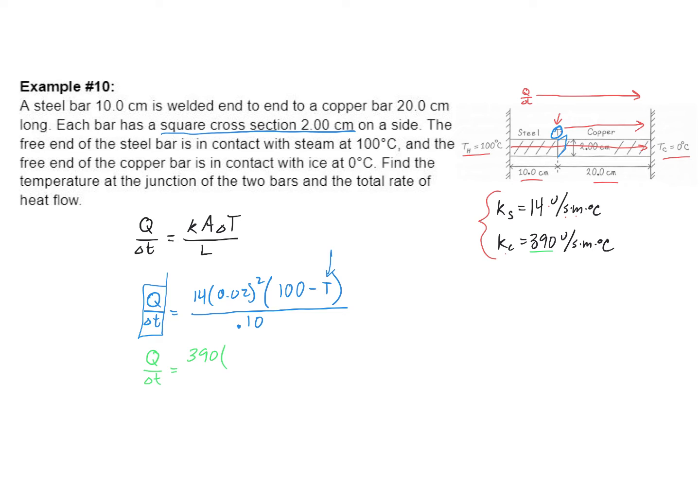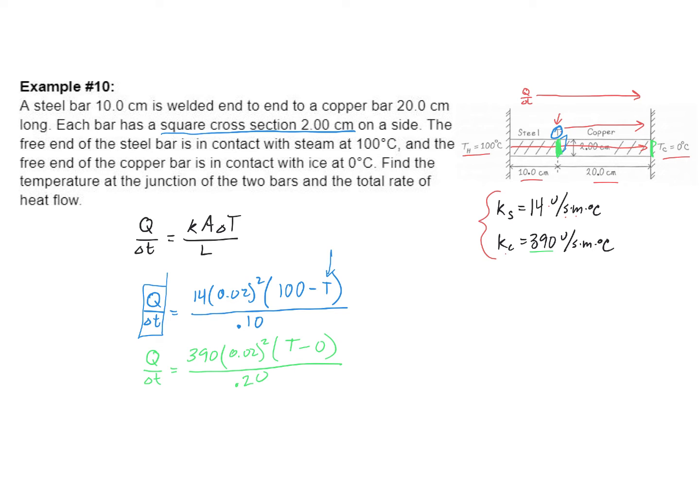Then we have the area, which is still going to be that 0.02 squared. Now here, my starting temperature is going to be T, and the ending temperature is going to be 0. So I'm going to go T minus 0 there, and then divided by the length of that one, which is going to be 0.20, because it's 20 centimeters.